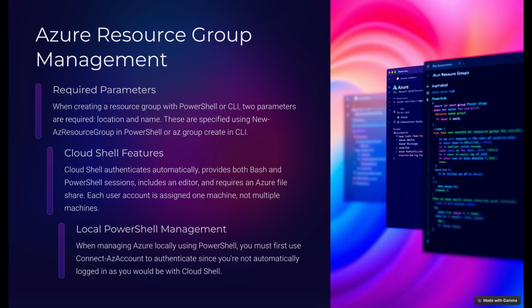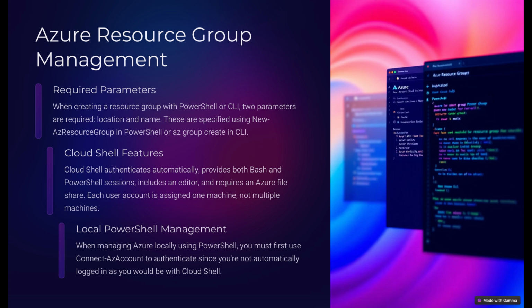Totally. And then the slide moves on to Cloud Shell features. Now, for those that don't know, Cloud Shell is this awesome browser-based shell environment. You can get to it right in the Azure portal. It's really convenient. And they highlight some of the key advantages. Automatic authentication, so you don't have to log in every time. It just knows who you are. Saves a lot of time.